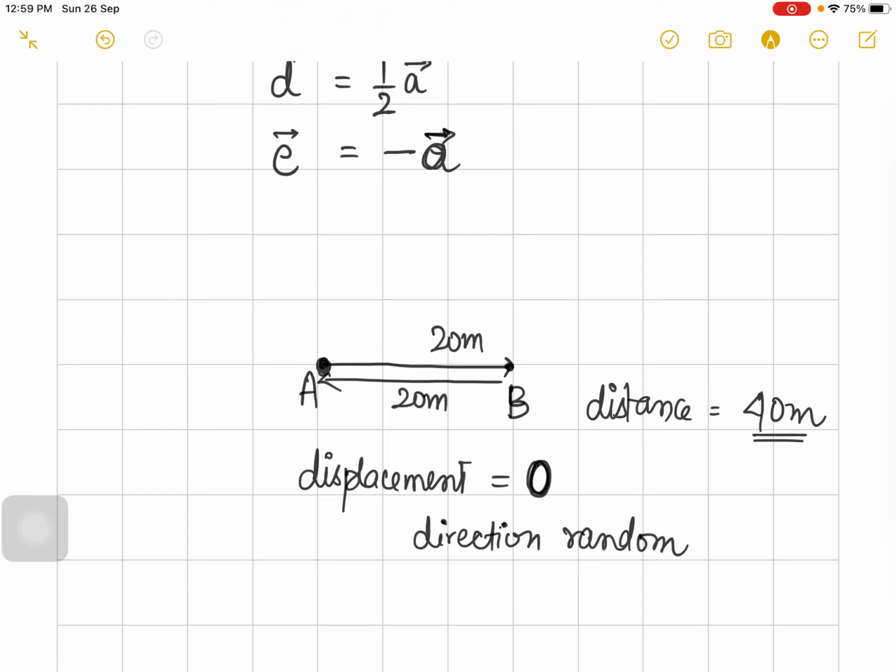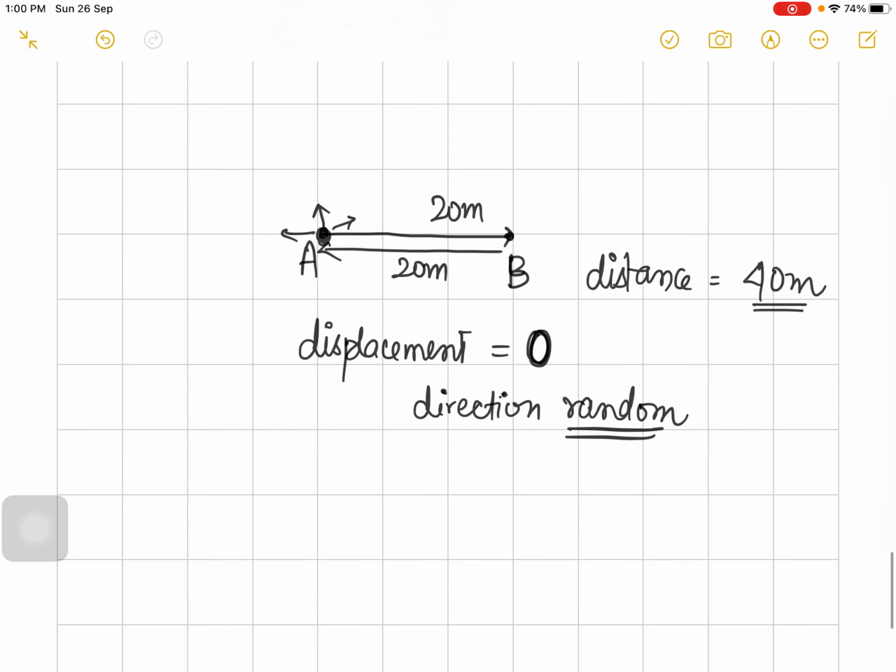We can give any random direction to this displacement. You could say that displacement is in this direction or in this direction or in this direction. So 0 is open to be used further. From here the story can go in any direction. That's why I'm saying that the direction is random. So 0 can be displacement and it will have a direction which is random.